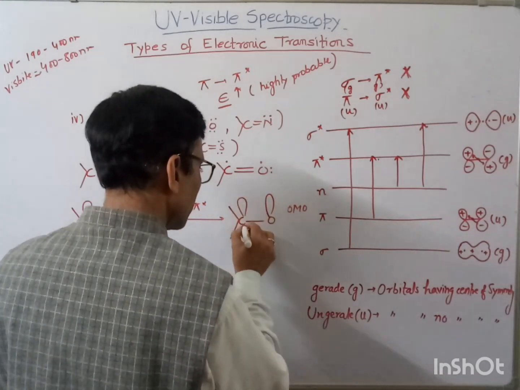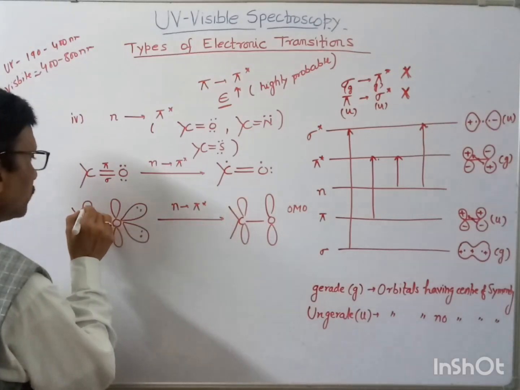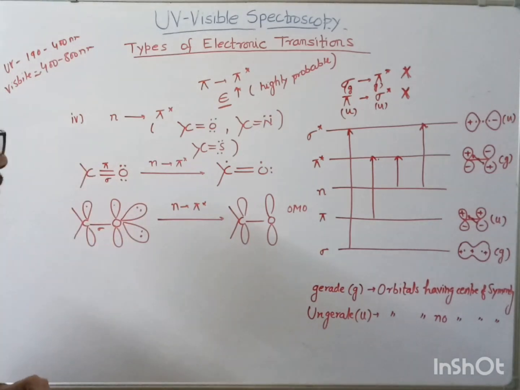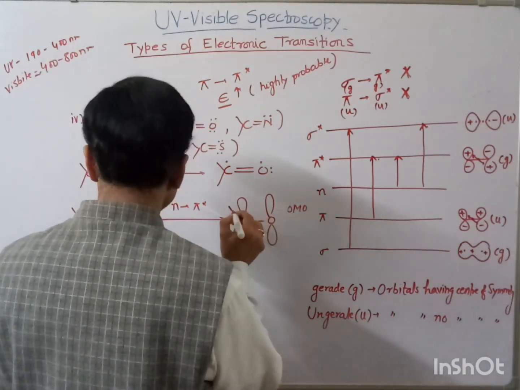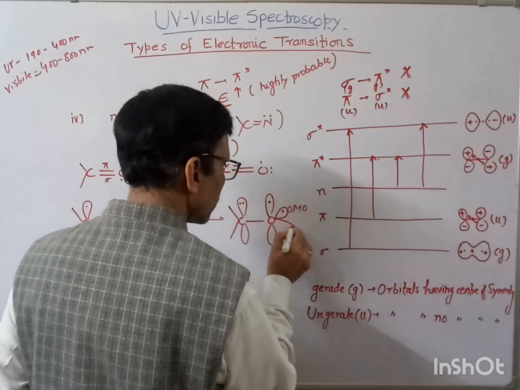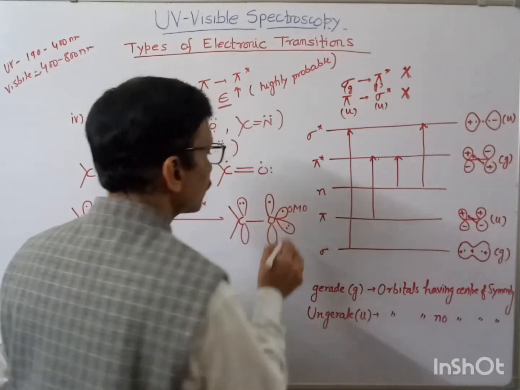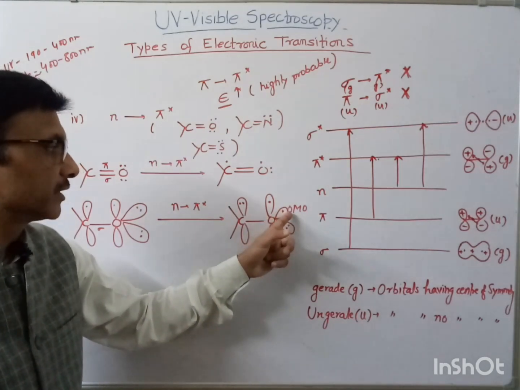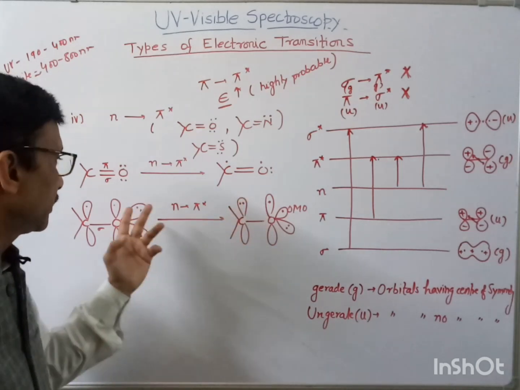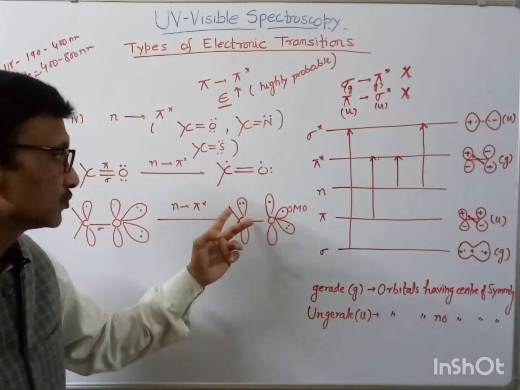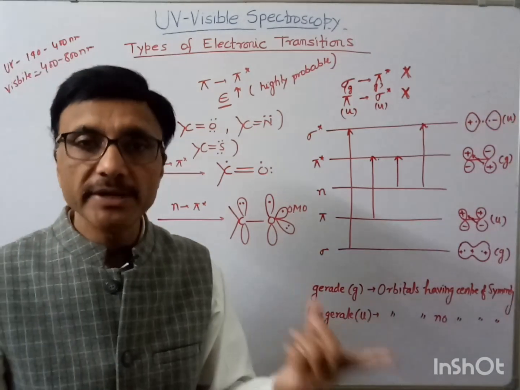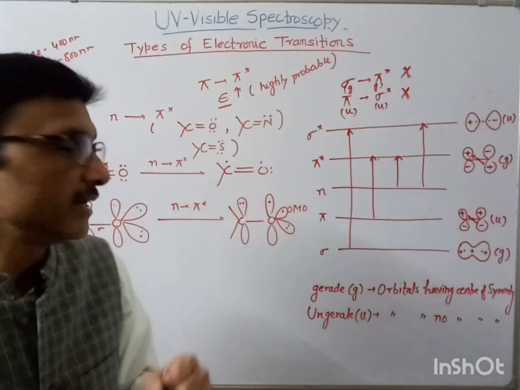Corresponding to a bonding molecular orbital, there is also an anti-bonding molecular orbital.